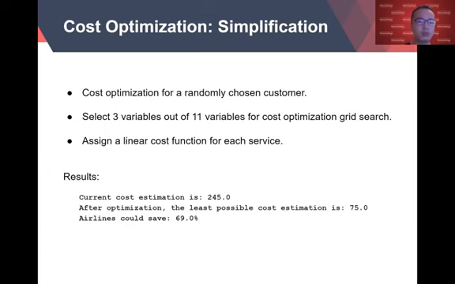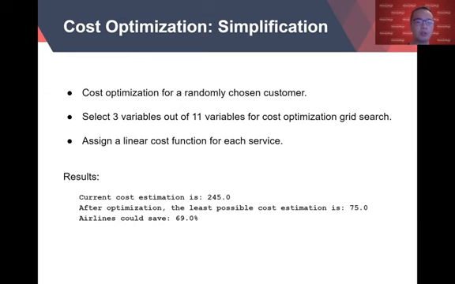Due to machine and data set constraints, we have made the following simplifications. First, instead of cost optimizing for the entire flight, we do cost optimization for a randomly chosen customer in our data set. Second, instead of using 11 variables with 5 or 6 levels, we selected 3 variables for the grid search optimization.